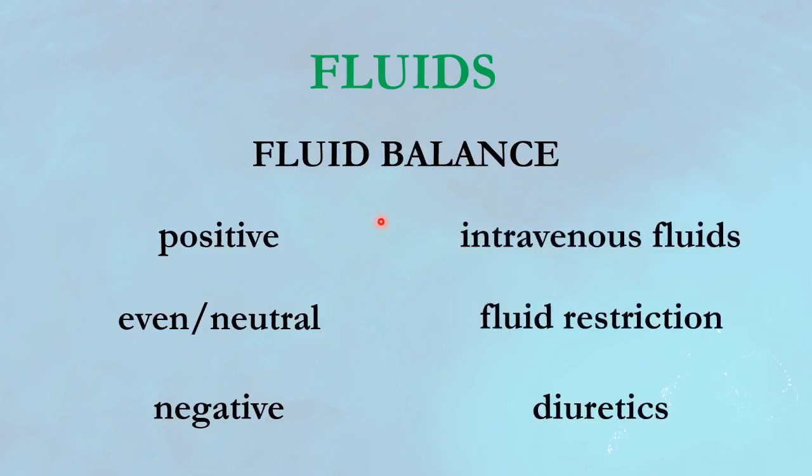Okay? So we have these key terms, intravenous fluids. Okay? If we think the patient is dehydrated, okay? If the patient is underfilled or dry, so the patient may receive intravenous fluids. If the patient, for example, has sodium problems or has heart failure, maybe fluid restriction is appropriate.